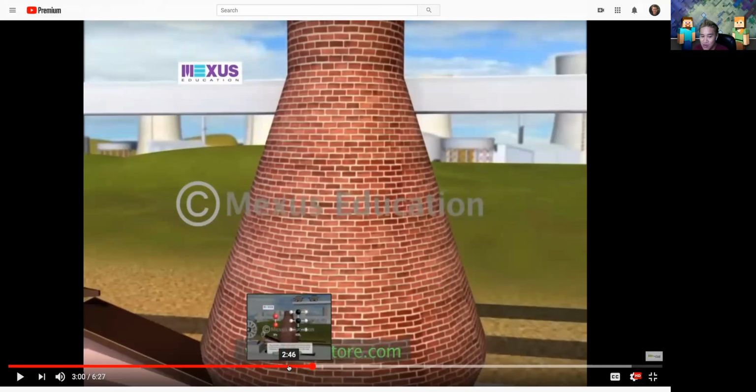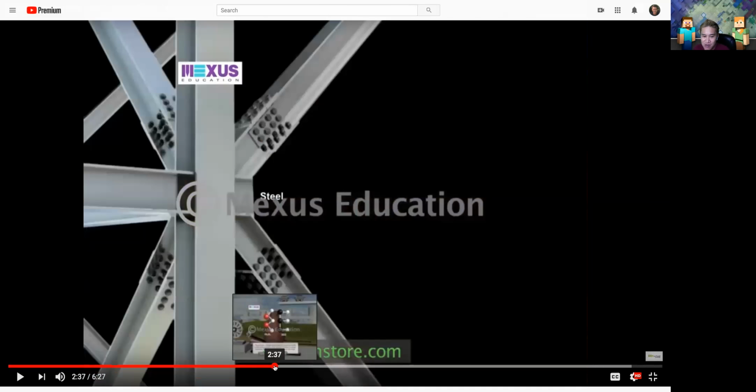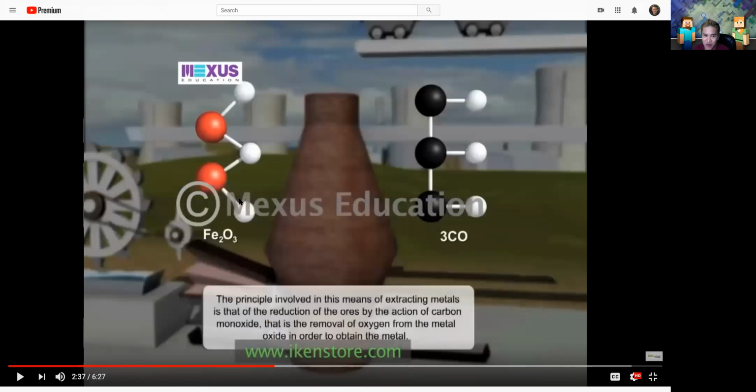What you need to know is how this happens. So this is again a reduction reaction. Why? Because from its metal ore here, which is ferric oxide, it will be reduced into its elemental form. That's the principle behind this blast furnace.